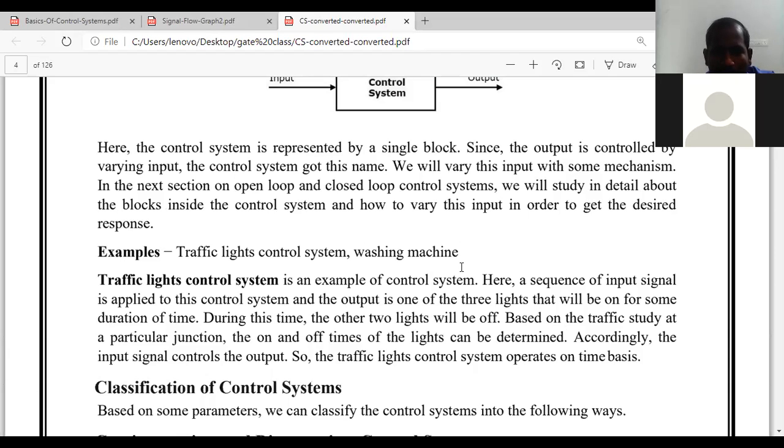Any example you can give. Today we are utilizing the benefit of control system in all fields.